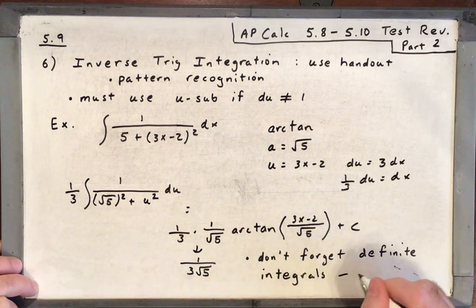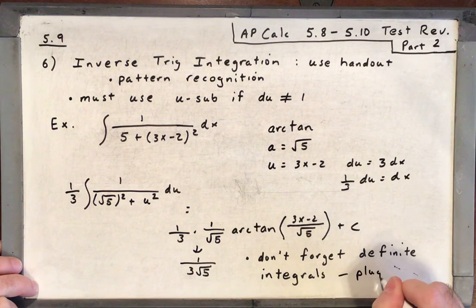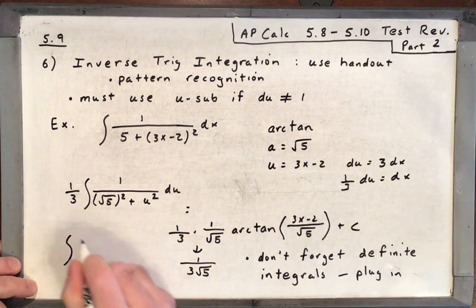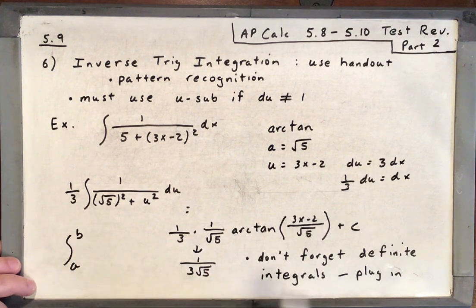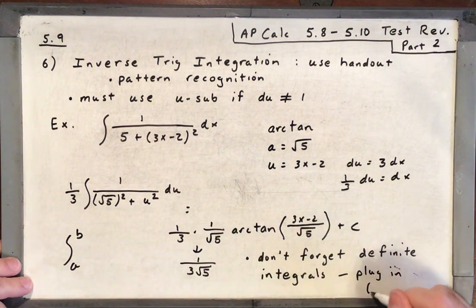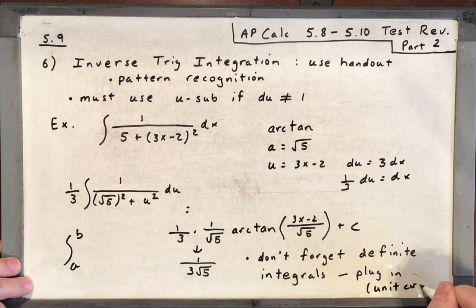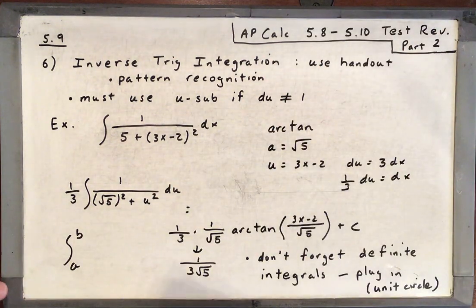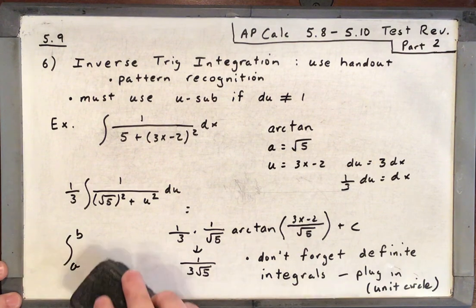So we would have, from a to b of something. Most likely you would use the unit circle and get those numbers from that. You had a lot of homework where you had to plug numbers in, so practice a couple of those.